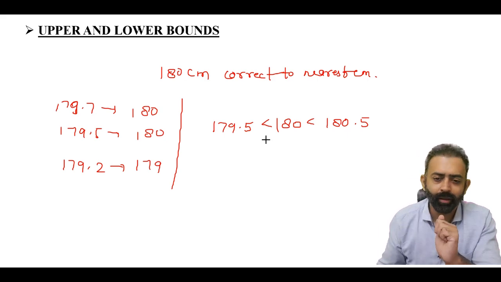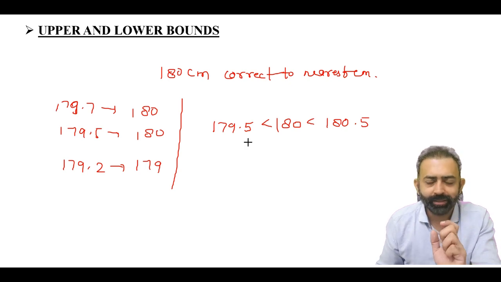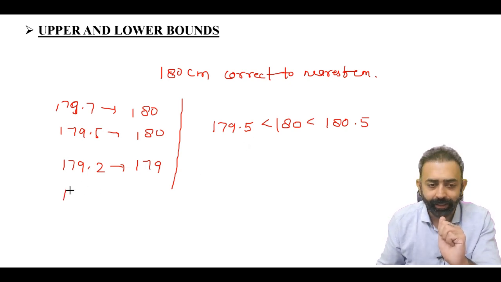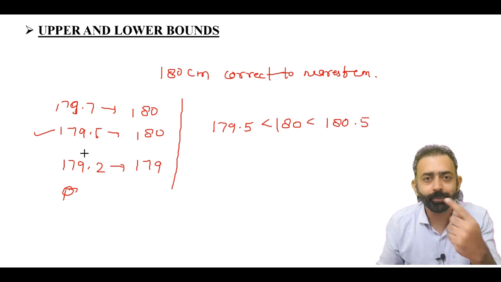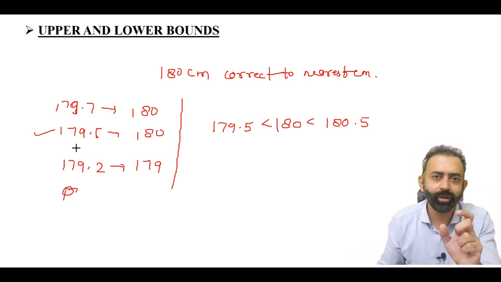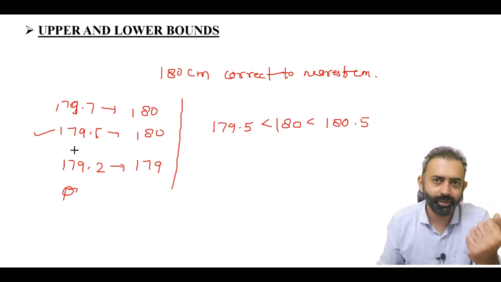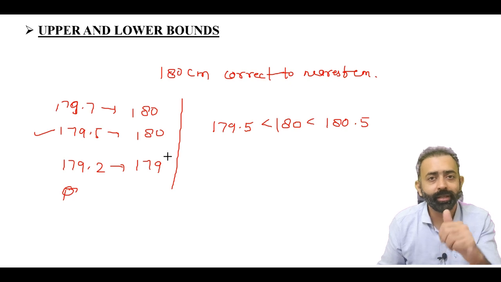Okay. Now one more thing. If the value is exactly 179.5, as I told you here, this will be rounded up. Okay, this is a norm of rounding, that the middle value will be rounded to the next value. That means if a value is exactly 179.5, it will be rounded to 180.